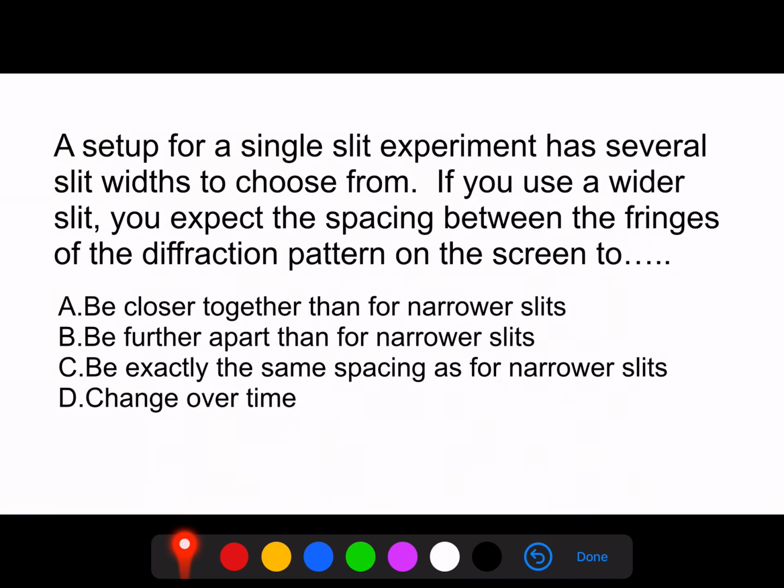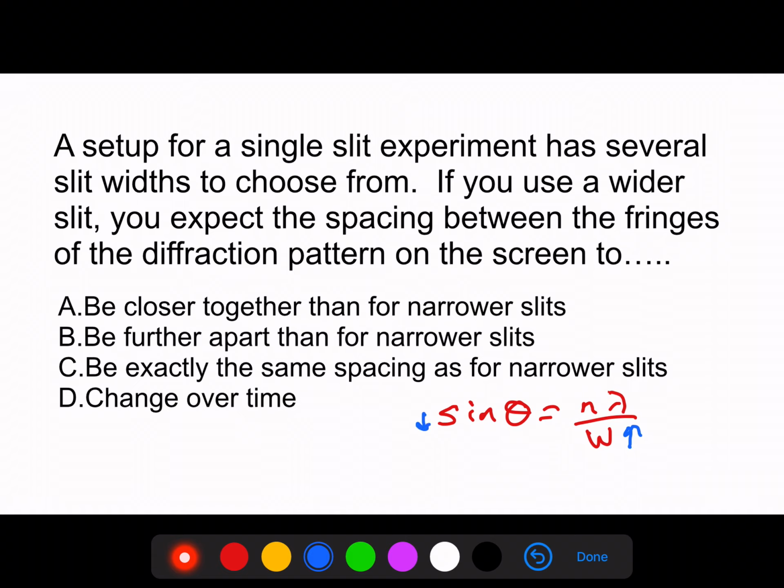So for example, if you were trying to decide among some various slit widths for some experiment, the wider the slit width, what will that result in for the pattern of fringes that you see? Well, remember that sine of theta is going to be equal to n lambda over W. So for some given wavelength, the more I increase the denominator, the more that decreases this overall number.